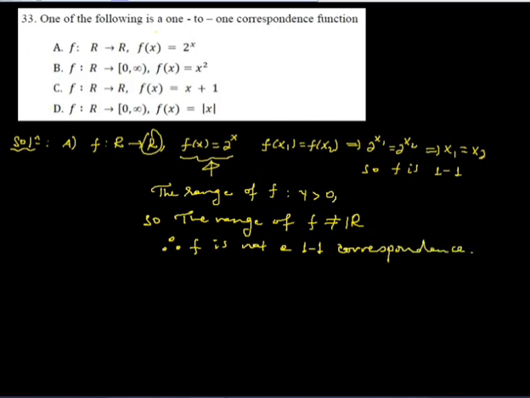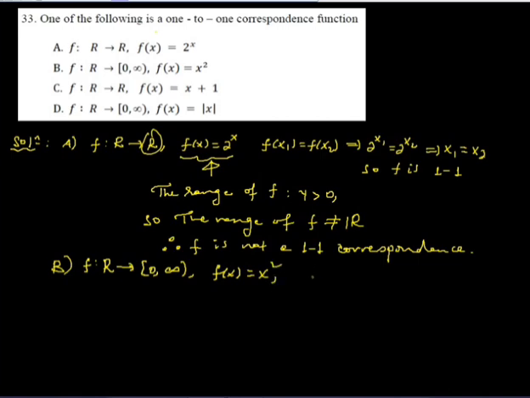Let's check the second function, the function in B. In B the function is a mapping from real numbers to positive real numbers including 0, defined by f of x equals x squared.